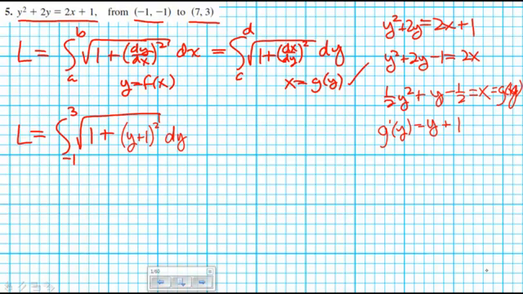And there I have it. There's my setup. Once I get there, I have something I don't believe I can find the value of that antiderivative analytically. I think I'm going to go to the calculator.